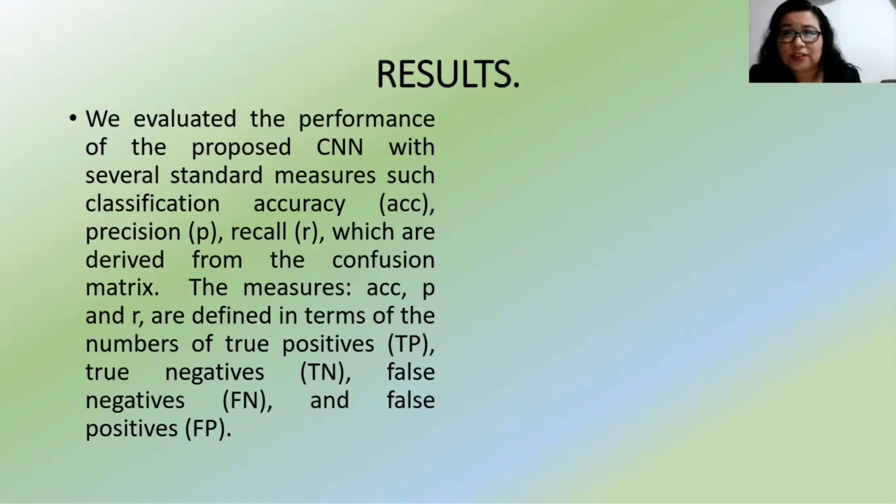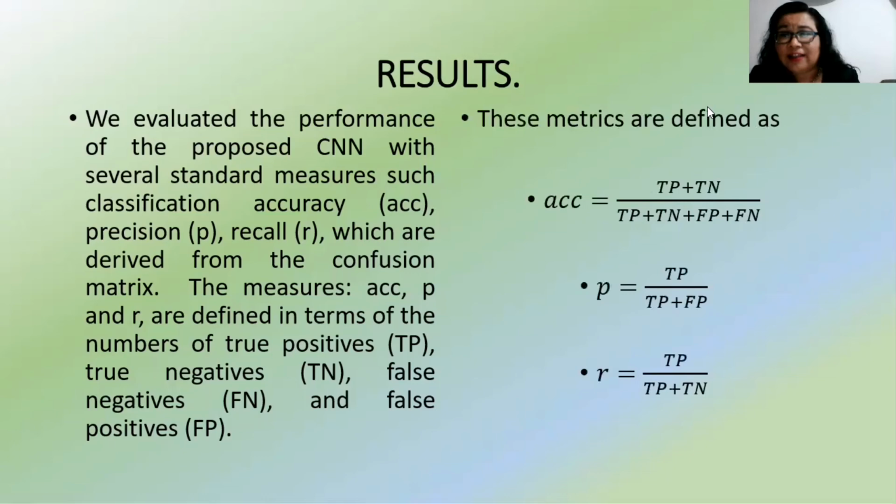Accuracy measures the ratio of correct predictions over the total number of instances evaluated. Precision measures the positive patterns that are correctly predicted from the total predicted patterns in a positive class. Recall is used to measure the fraction of positive patterns that are correctly classified. These metrics are defined in this equation.